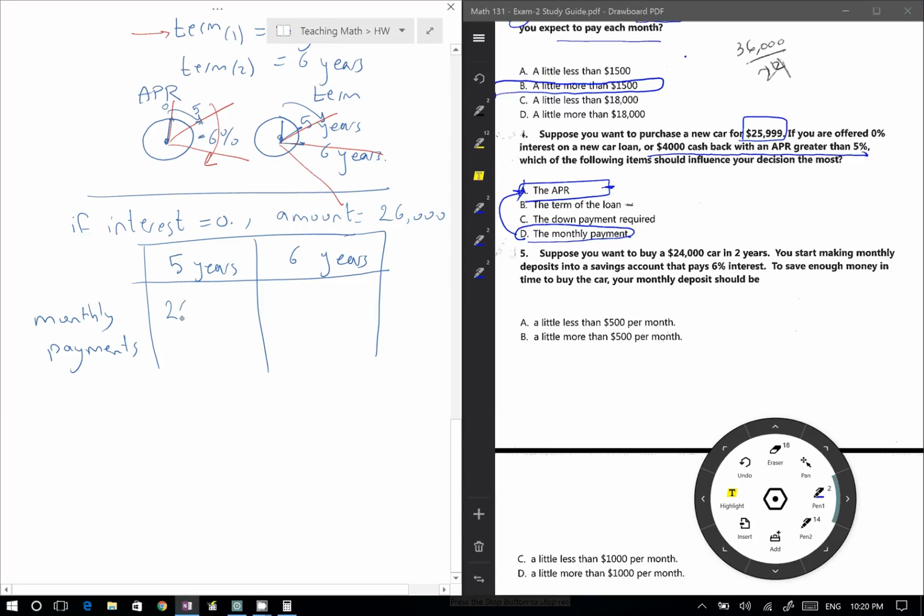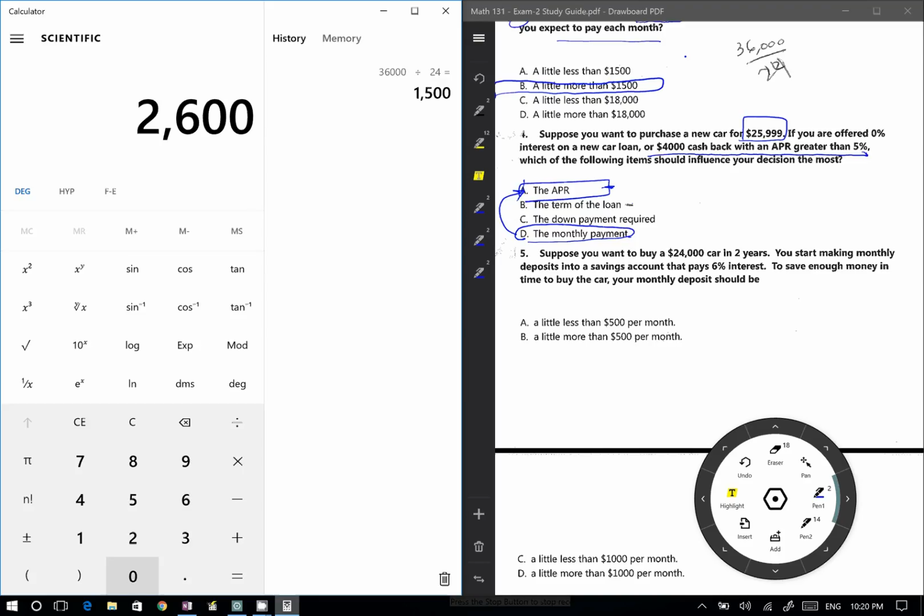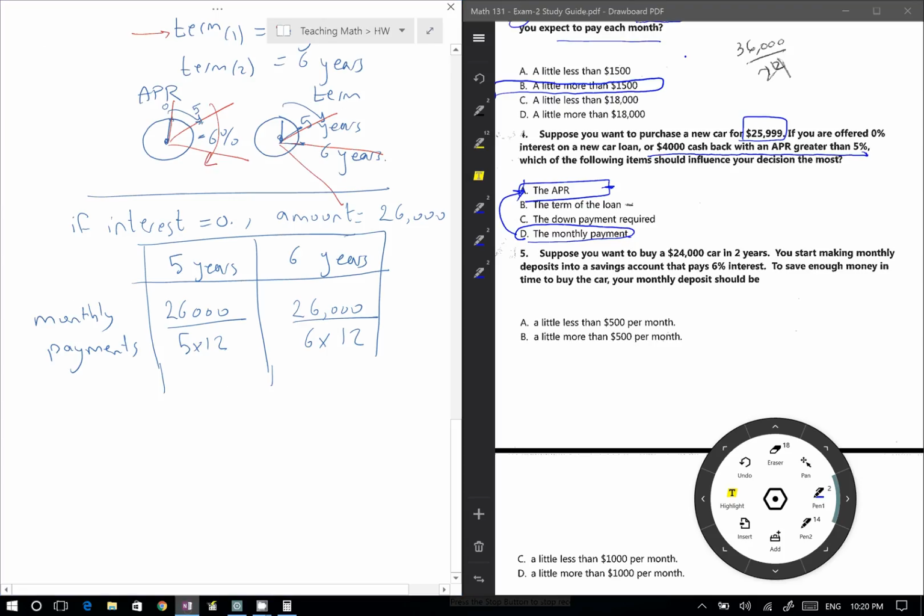So the payment will be 26,000 divided by 5 times 12. So this is 5 years. And in this case, it will be 26,000 divided by 6 times 12. So 26,000 divided by 60, 433 dollars.